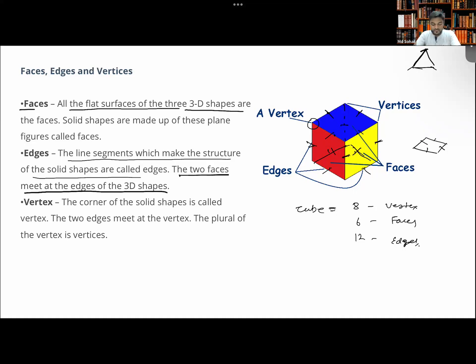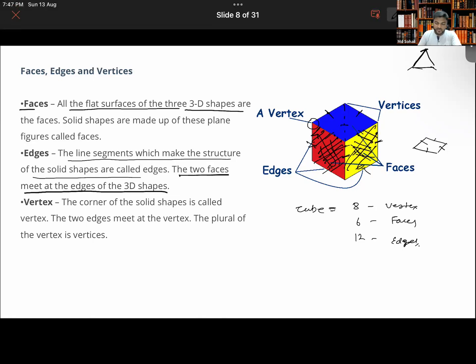This face here and this face over here are meeting at this edge. And vertex, you guys know. The plural of vertex is vertices.